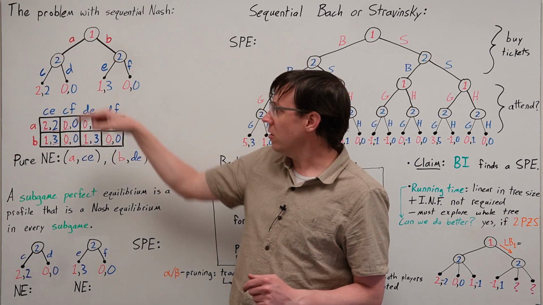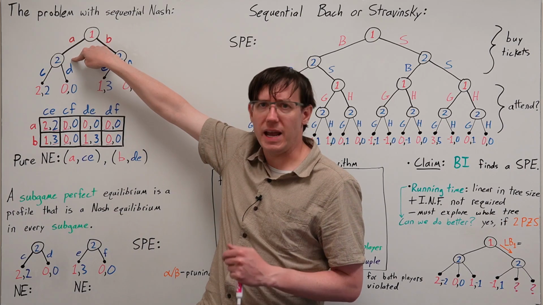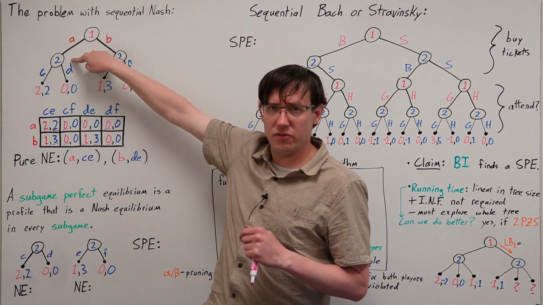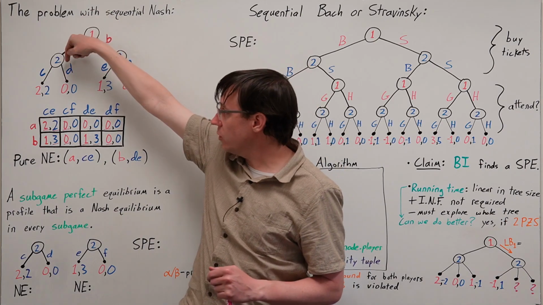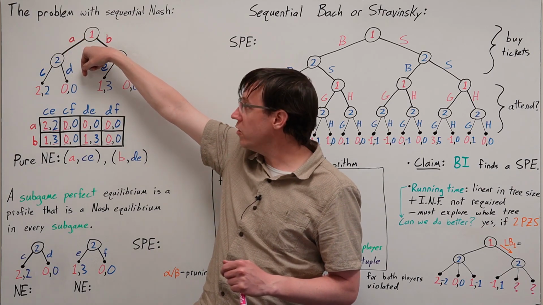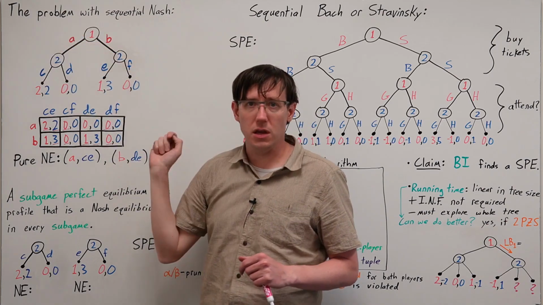But the hypothetical that player 2 would play D at this node doesn't make a lot of sense. If the game actually got here, player 2 would do better by switching to action C.